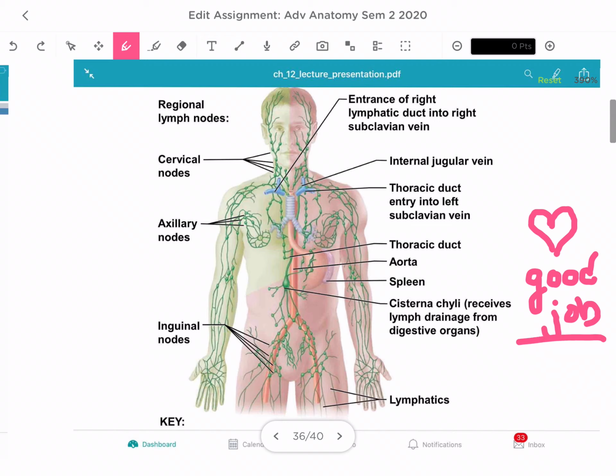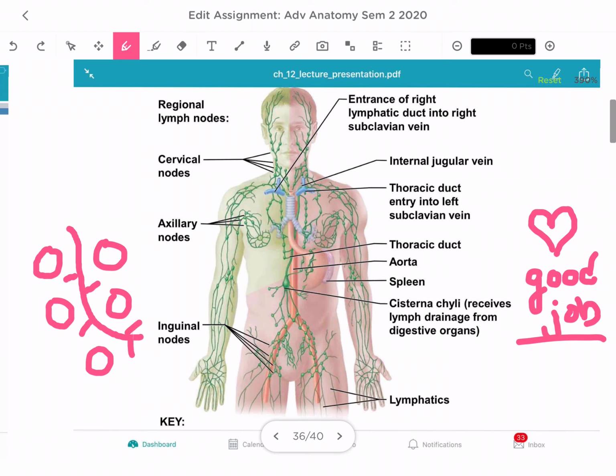We were talking about how lymphatic vessels remove fluid that accumulates around the cells. So maybe there's a capillary running through here, and sometimes fluid leaks out into what we call the interstitial space.